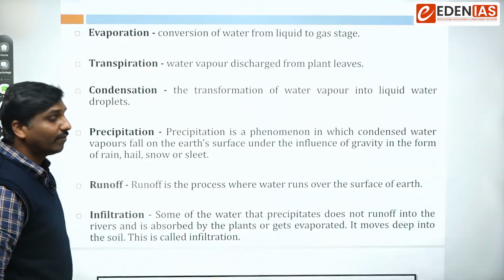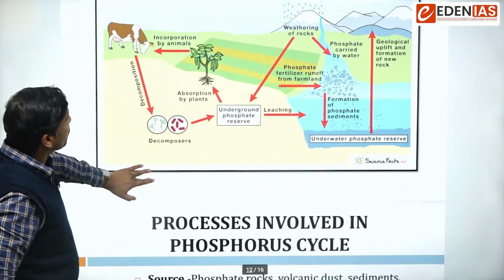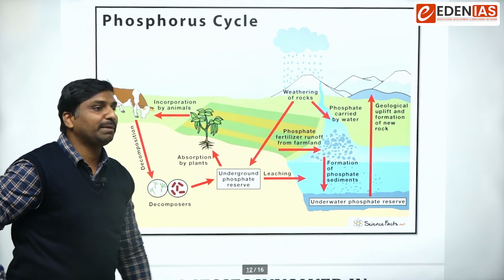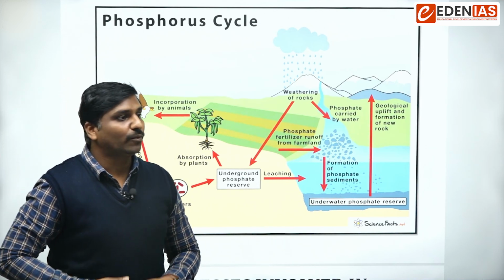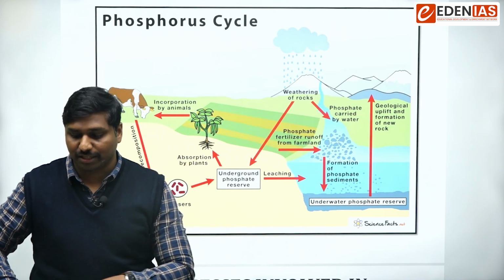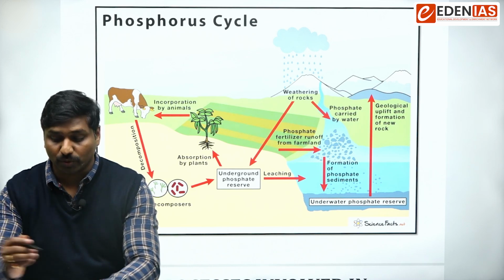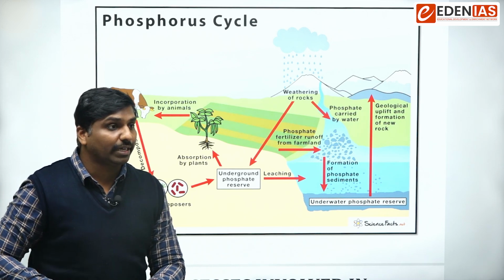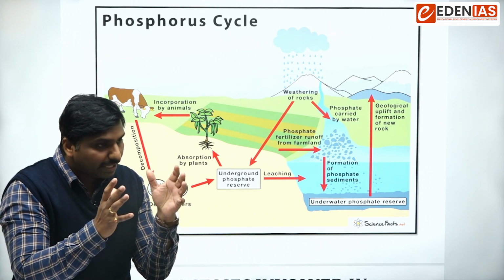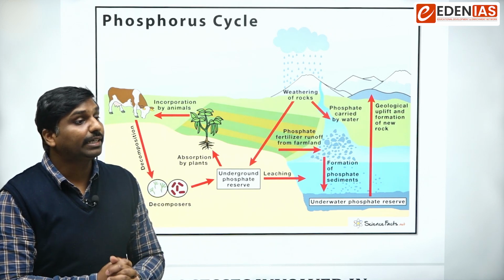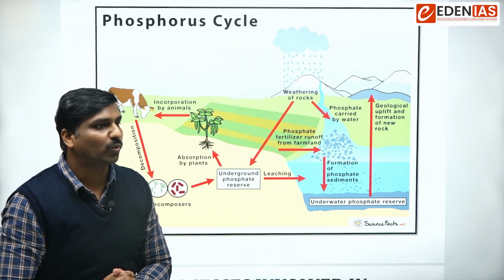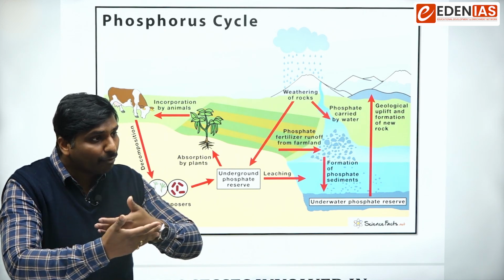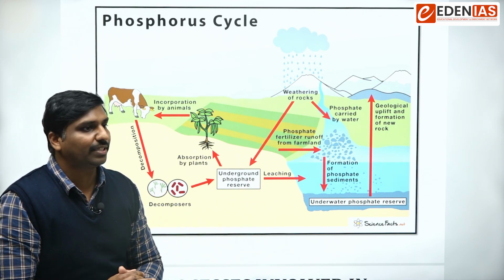The sedimentary cycles are the phosphorus cycle and the sulfur cycle. Here, remember one important thing: what are the sources of phosphorus? Phosphorus is generally stored in the form of rocks. Phosphate rocks are the important source of phosphorus on the earth.